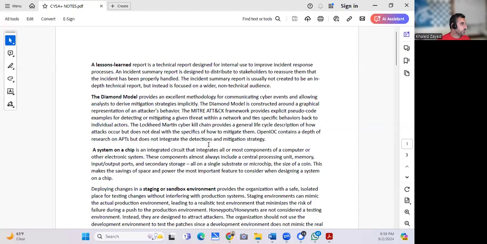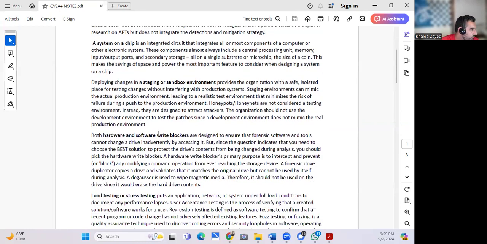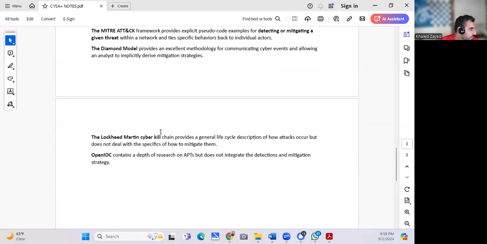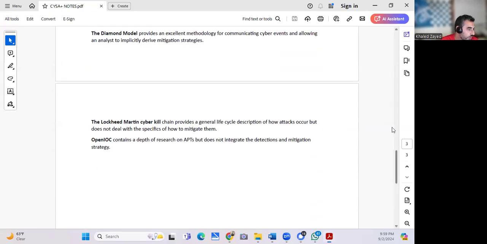Today, I'm going to be showing you some of the notes that I collected and go over them to help you for your studies for your exam. So here I'm going to share the screen, and I'm hoping that I'm sharing the right screen. This is maybe 1 or 2 pages of notes that I have. I have multiple pages, but I'm going to just go over this one here.